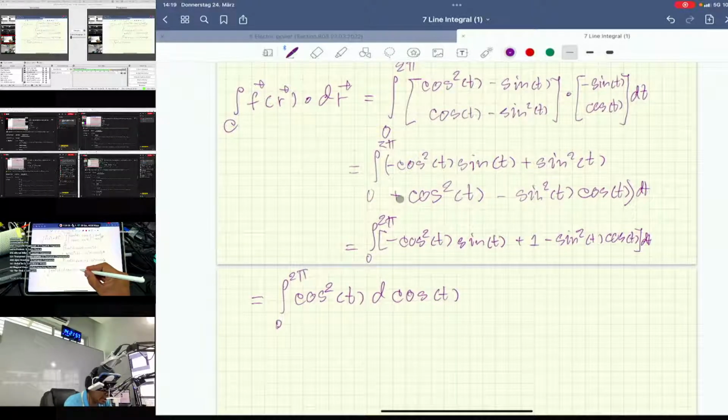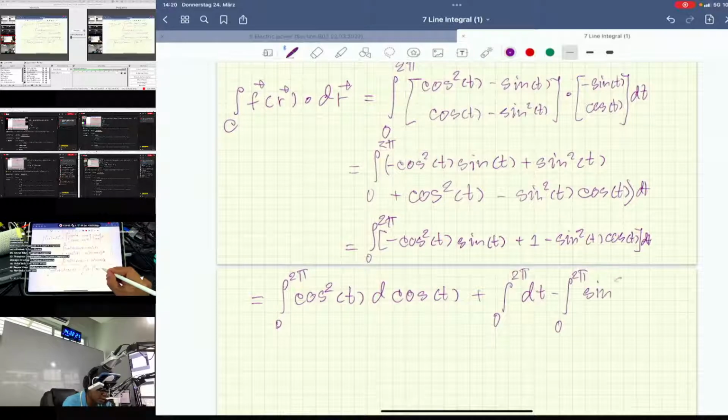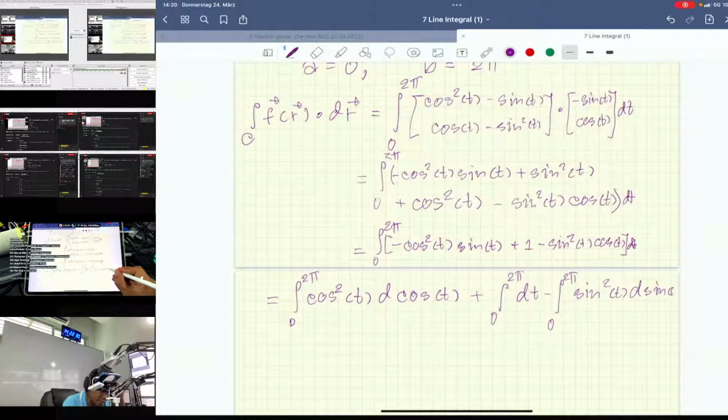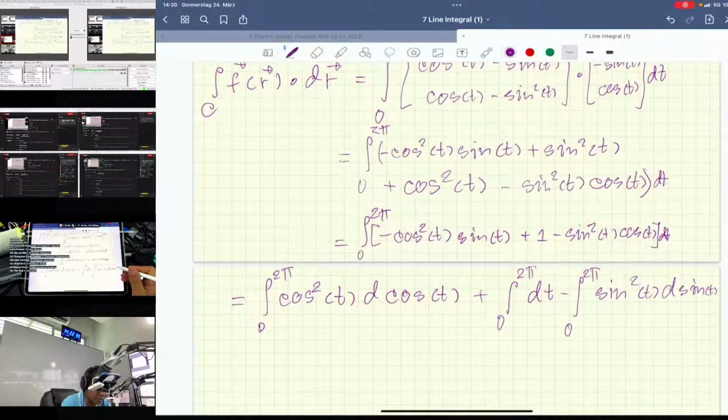Our next term is the integration from 0 to 2 pi of number 1 dt, and the third term will be the integration from 0 to 2 pi of sine squared t d sin t.